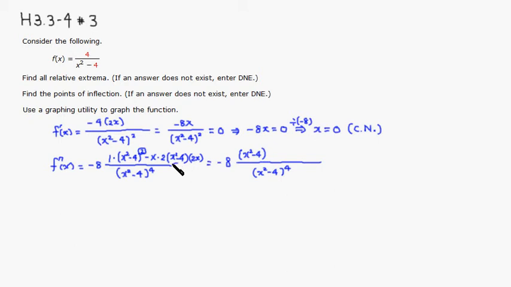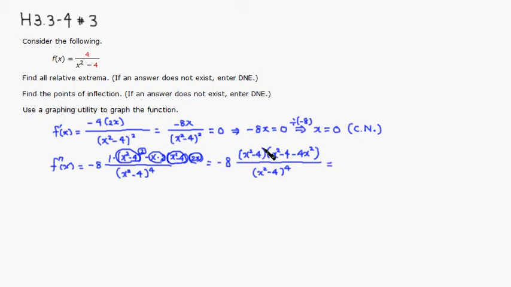Then I factor this out, and what's left is another x squared minus 4. That takes care of this one. From here you have 2x times another 2x, so it's going to be negative 4x squared.